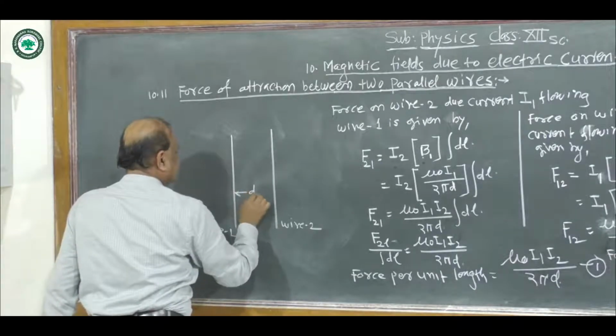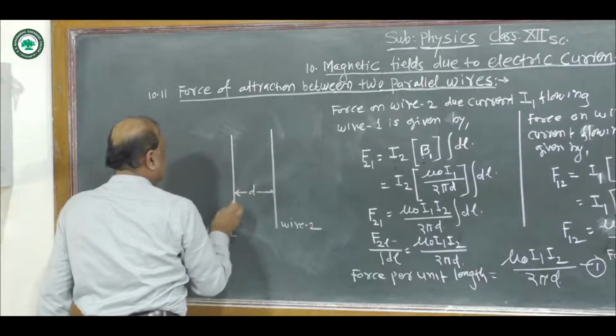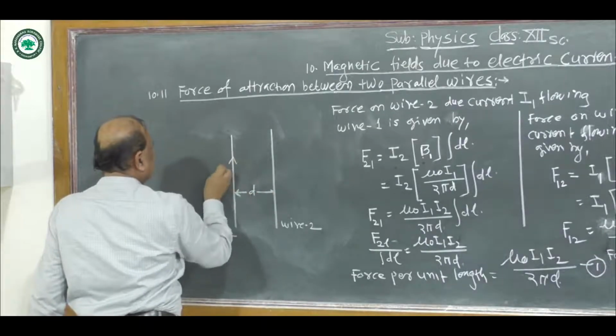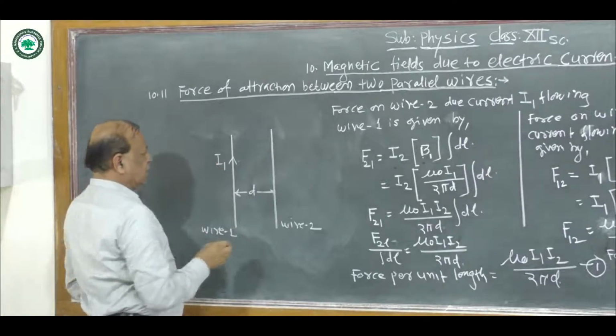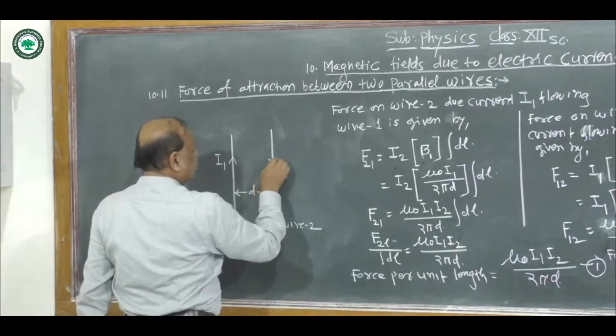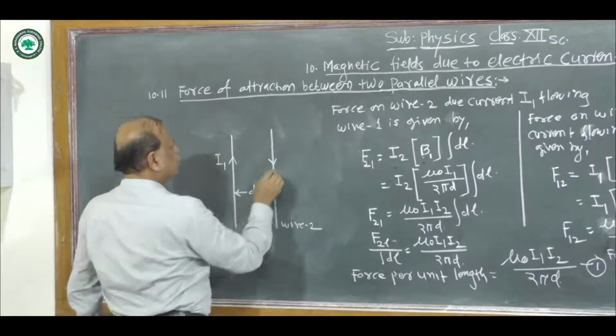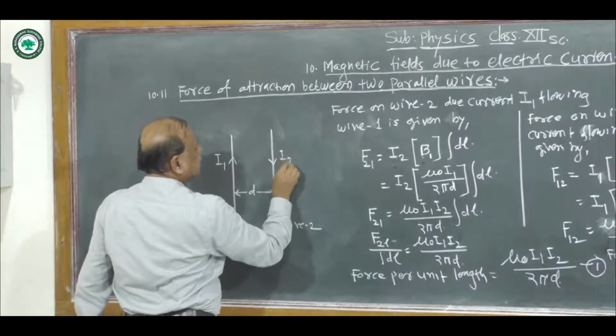These are separated by distance d, and current I1 flows through wire 1, and current flowing through wire 2 is I2.